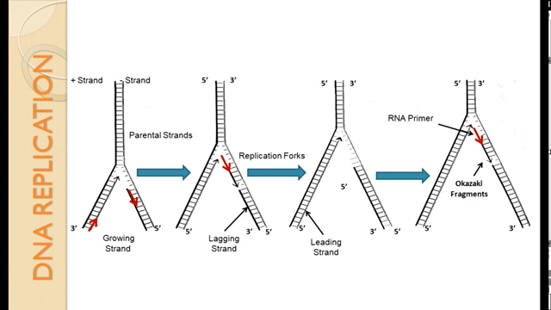Now a detailed process is shown here. The red arrow shows the beginning of DNA replication with the help of formation of RNA primers. In the first diagram, this strand starts from 3'.